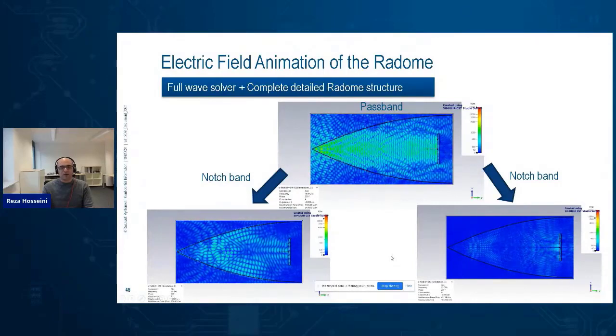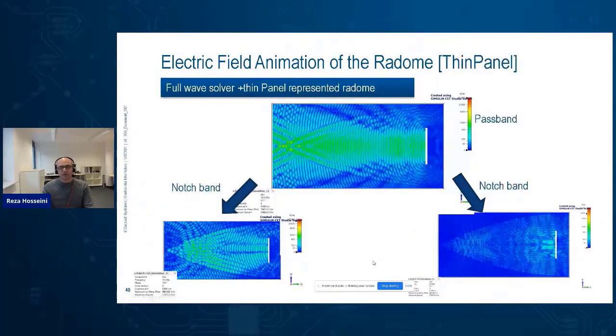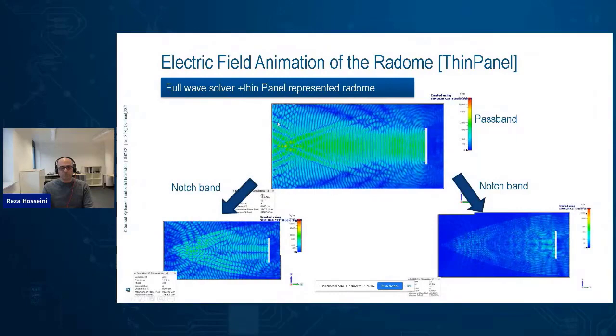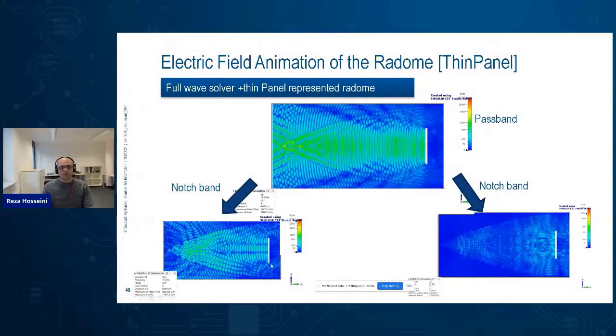Looking at the same behavior with the help of the SIM panel in the time domain solver, you can see here in the passband there is a clear moving out of the radome, but also in the notch band the fields can get a bit more out of the radome compared to the full details.